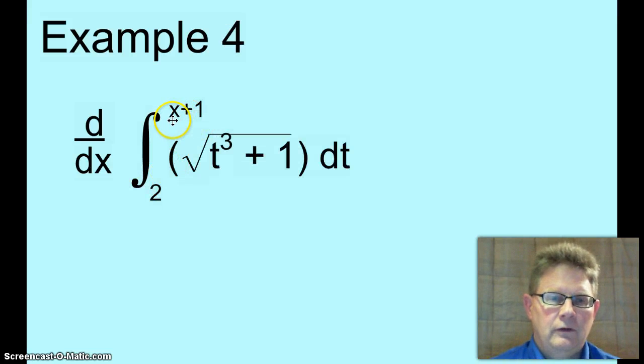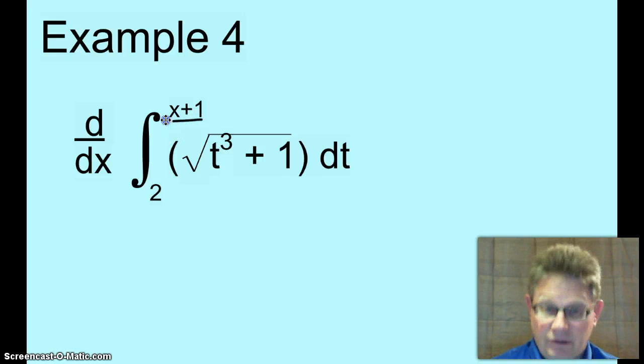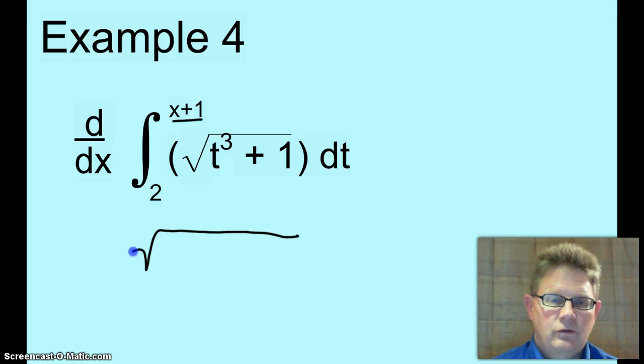Okay, again, we're going to take the derivative of that function. This happens to be 1. So it would be 1 times the square root of x plus 1 to the third power plus 1.